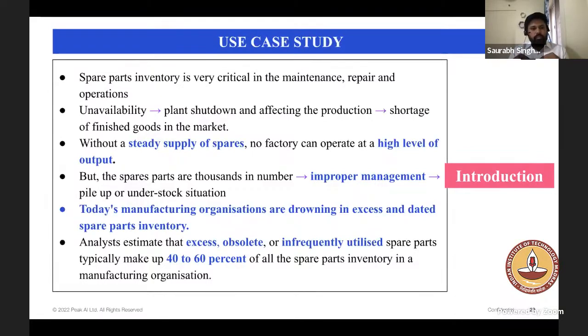And any improper management of these lakhs of spare parts can lead to pile-up or understock situations, right? In the fear of an unintended breakdown of any equipment, you have overstocked a spare which is required to repair that machine or equipment, but that machine is not going into a breakdown situation. So this kind of scenario can happen.